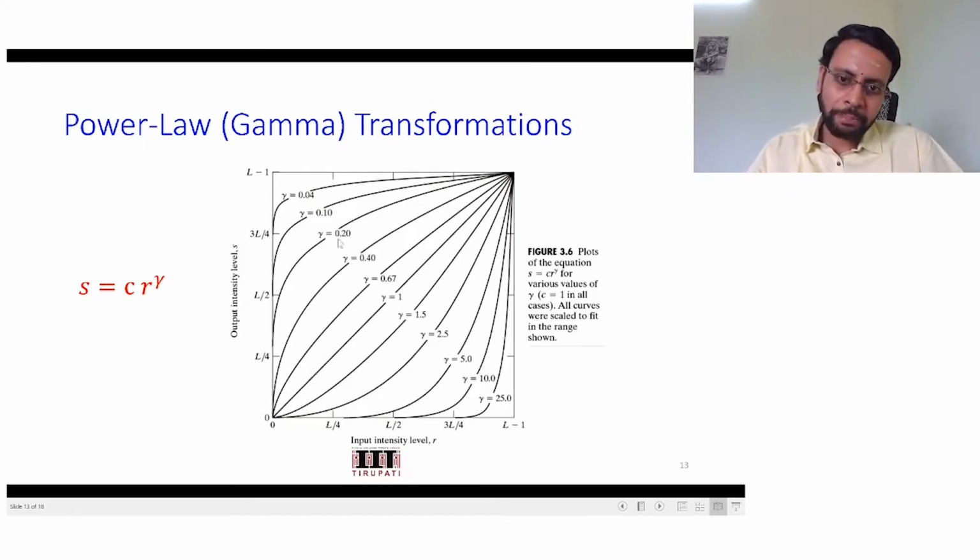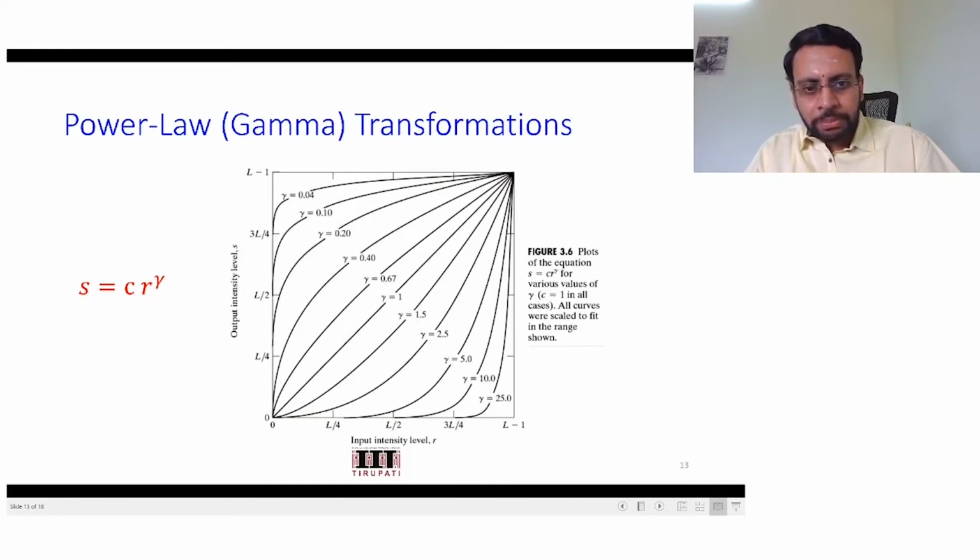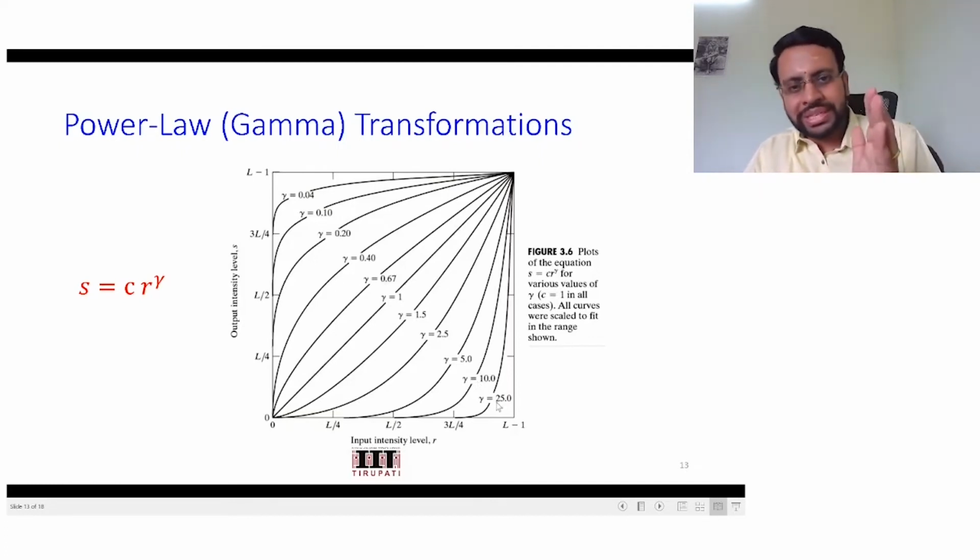Notice what would happen if your gamma value is greater than 1. Then you would get graphs like this. This is gamma equal to 1. For example, this is the graph showing you the values for gamma equal to 1.5. This is 2.5, 5, 10 and 25 and so on. So what's happening here? How can you interpret these graphs?